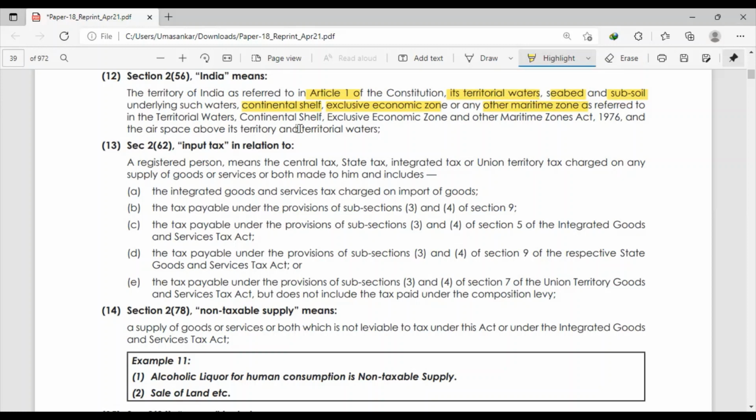Now, continental shelf. Continental shelf is after the territorial water ends, from there to the high seas onwards. Now, exclusive economic zone. As I have already said, territorial waters is 12 nautical miles. Exclusive economic zone is 200 nautical miles from the border of the Indian landmass.